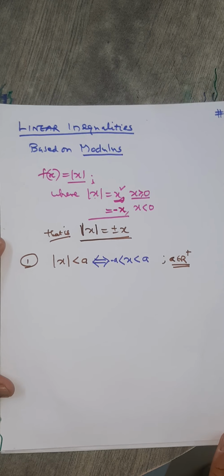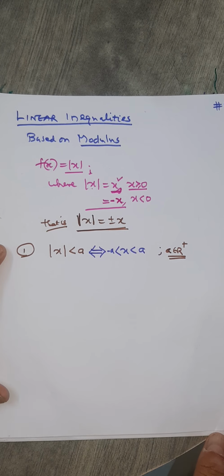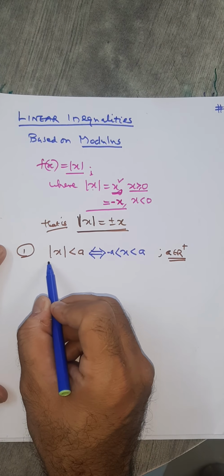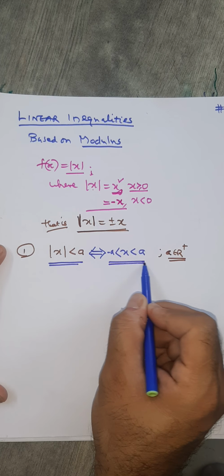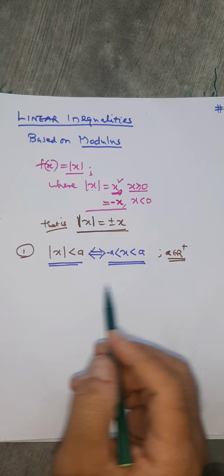This is the result. It can be proved. We are not getting into that. But this is always true, remember. Modulus of x is less than a if and only if we have x between minus a and a, where a is any positive real number.